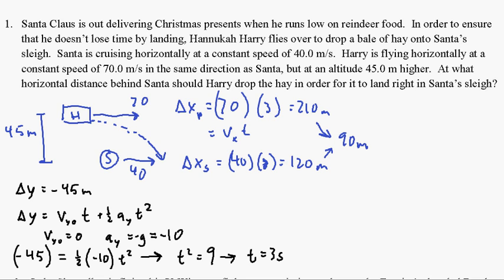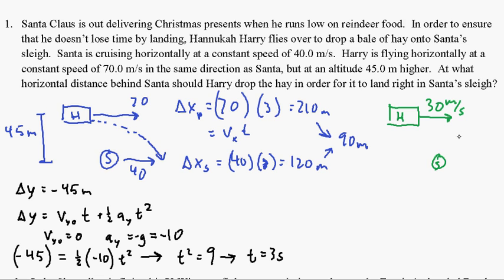The other two ways to do it are with different choices of coordinate frames. This first way used a coordinate frame attached to the ground, with Santa and Harry zooming over. If you use a coordinate frame attached to Santa, I will draw that in green. Harry is there, and Santa starts out there. Santa is motionless because this coordinate frame is attached to Santa. Relative to Santa, Harry is just going 30 meters per second.